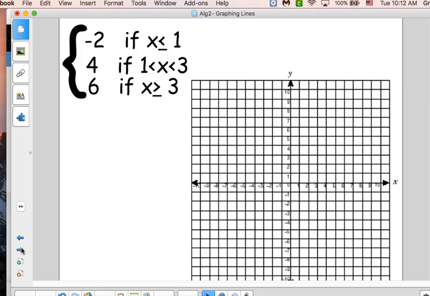How many pieces is this one going to have? 3. What's different about these ones?